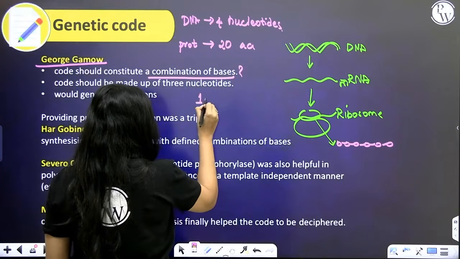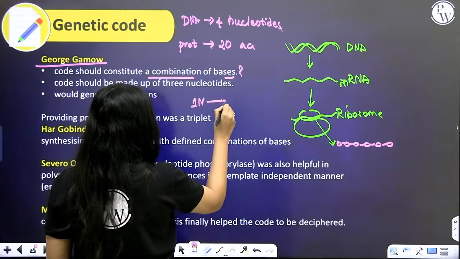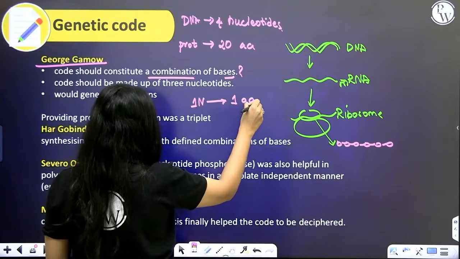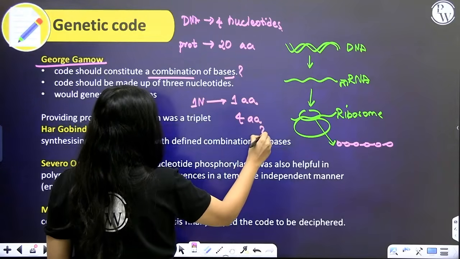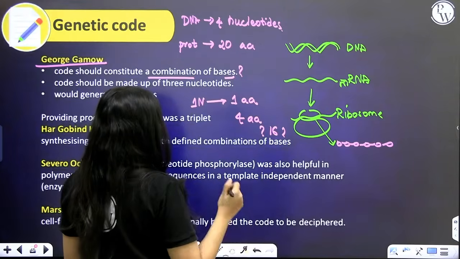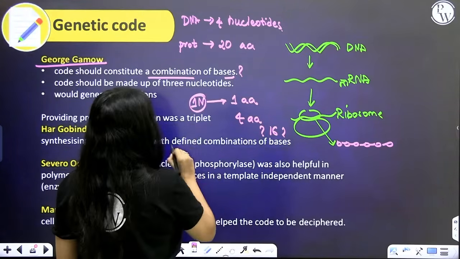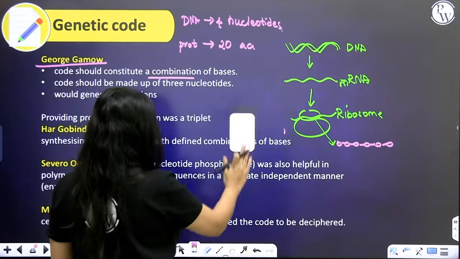If each nucleotide coded for 1 amino acid, we would have enough codes only for 4 amino acids. What about the remaining 16 amino acids? It's not possible for one nucleotide to code for 1 amino acid. Therefore, obviously, it should be a combination of bases.